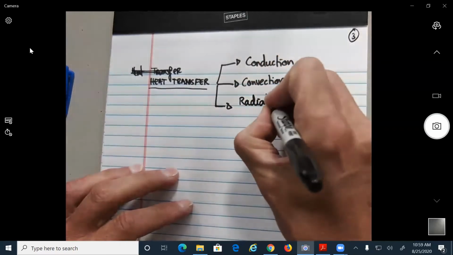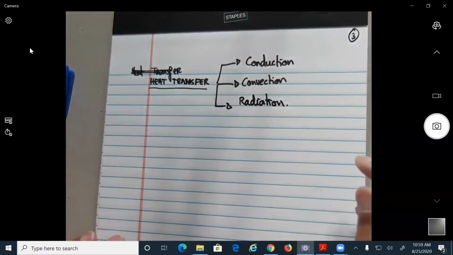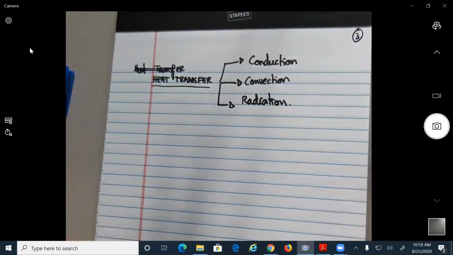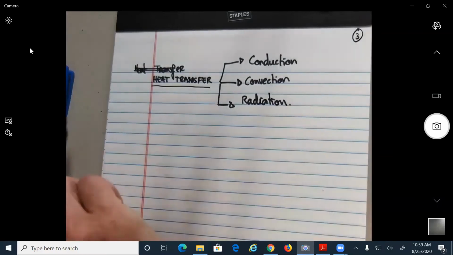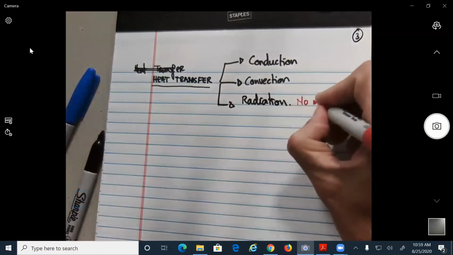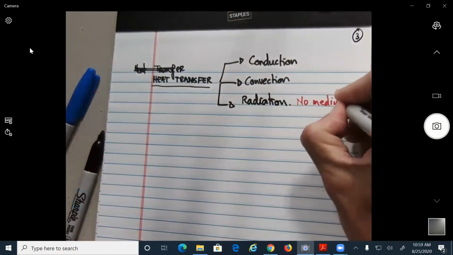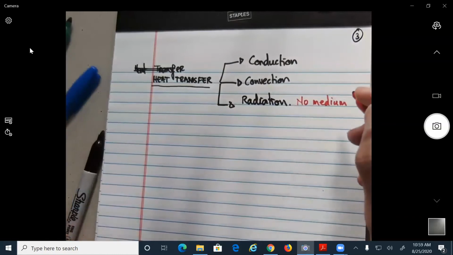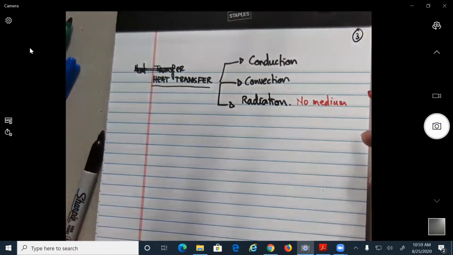Radiation. So radiation, the easiest example is that you know that heat from the sun travels through space and hits the earth, no? So the main difference between these 3 is what? It is that radiation requires no medium, and I will finish with this: no medium. You can go through the vacuum, no? It's like a wave.